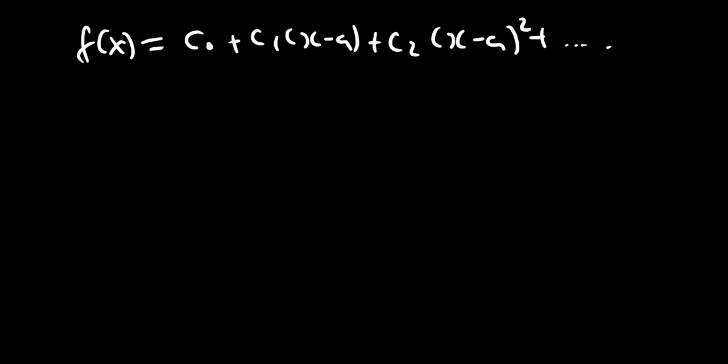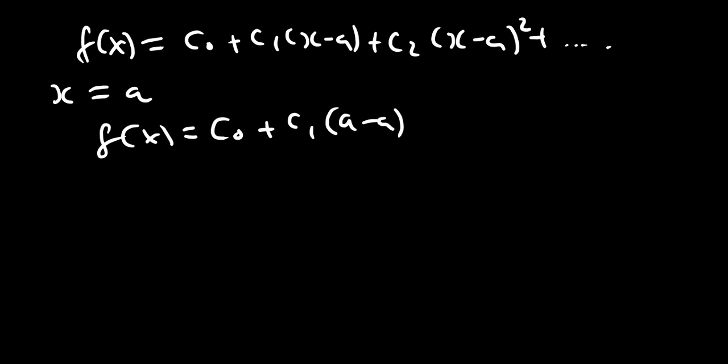If we substitute x equal to a, where there's x we replace it with a, so f of x is going to be c0 plus c1 times a minus a, plus c2 times a minus a squared, and so on. So this becomes 0, and all other terms that follow become zeros, and I'll just remain with this constant.